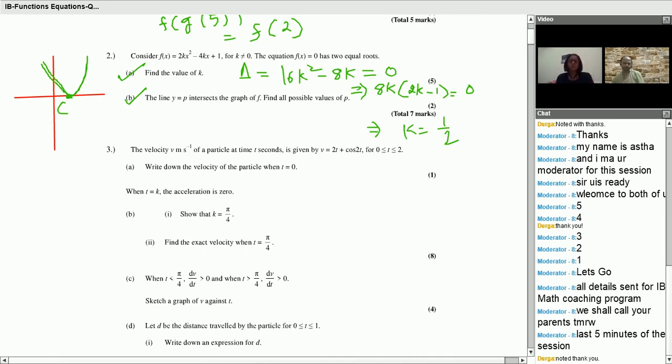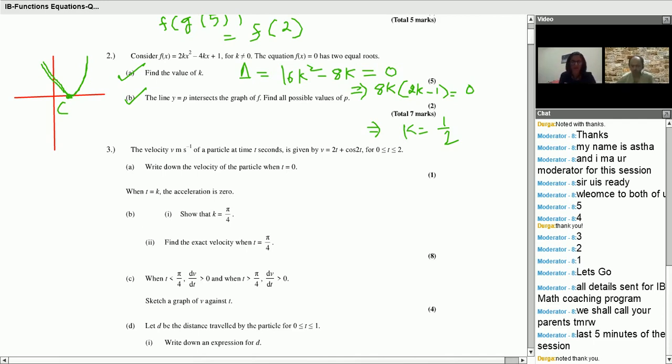The turning point x value would be negative b over 2a. So that's 4 times half is 2. So negative of negative 2 is 2, over 2. That's 1. Turning point is 1? Okay, you got 1.